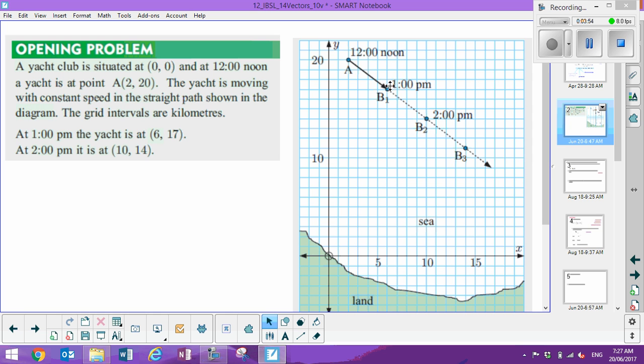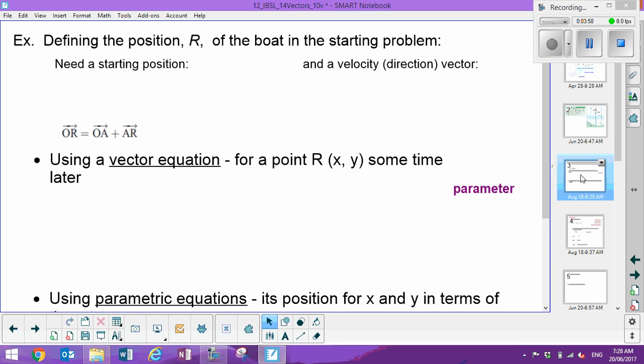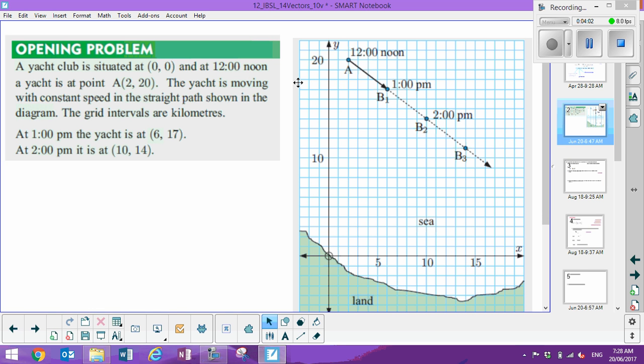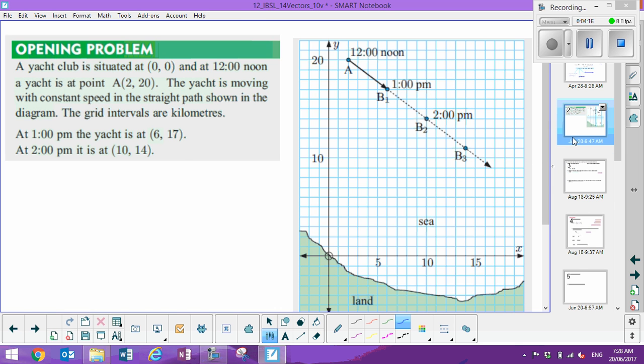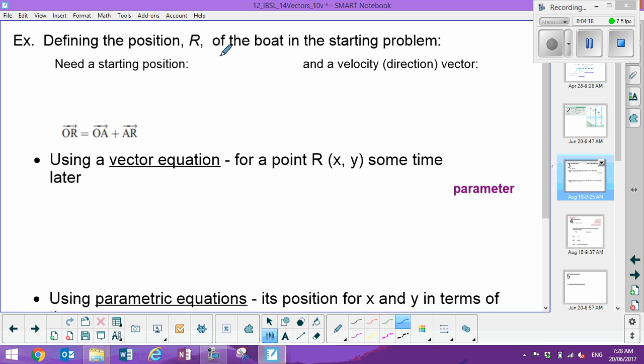It doesn't matter which point we take, it just determines how many direction vectors we're going to look at. So we could take any of those as our starting point, this initial one or the one at 1 o'clock. Let's take 2, 20 where it started. That was A.